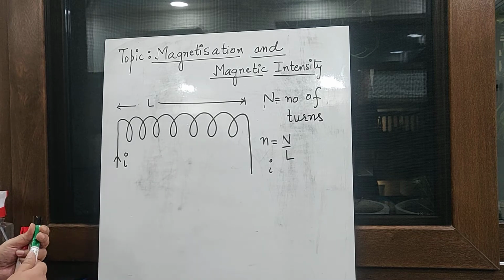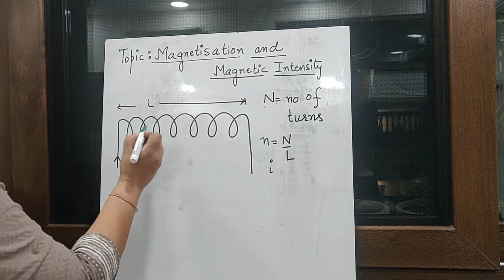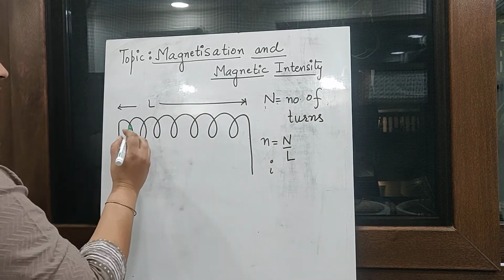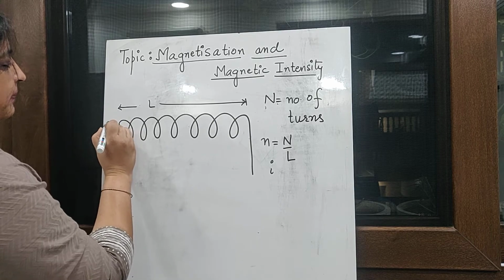In the previous videos, we have drawn the magnetic field pattern because of the current flowing through it, and the pattern is like this.